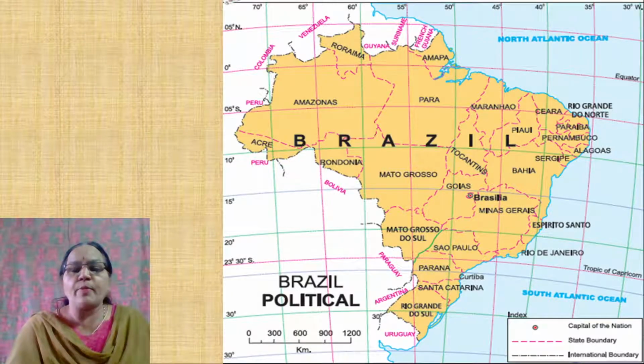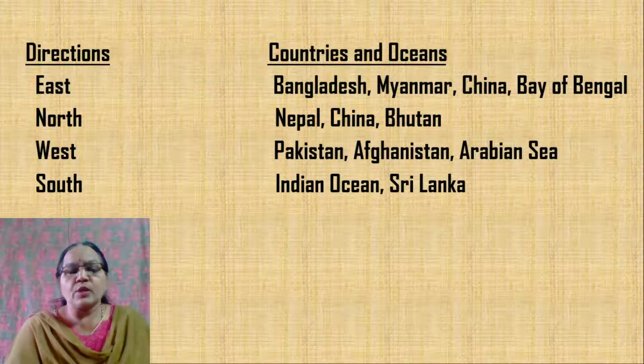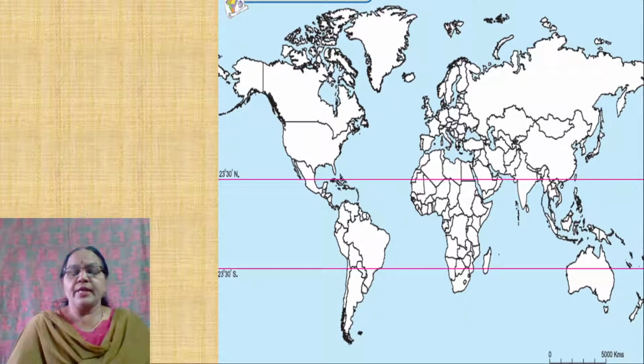Let's go back to the map of the world. Now look at this, this is Brazil on the world map, and this is the South American continent. It is located in the northern part of the South American continent.